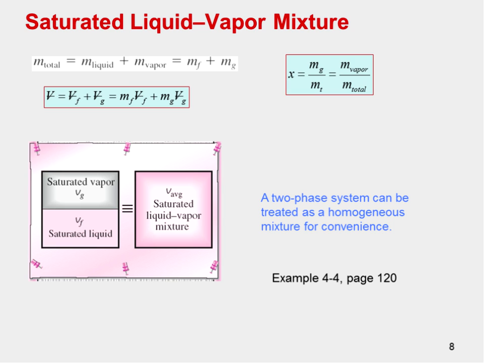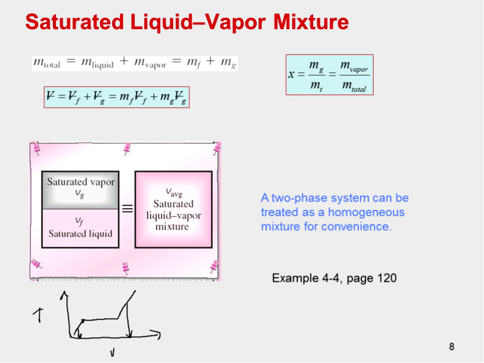Now, these are the equations you will need to solve the problems in order to calculate the specific volume of the mixture. Remember that whenever we had the graph of specific volume versus temperature, we have something like this. If it's compressed liquid, you go directly to find the specific volume.